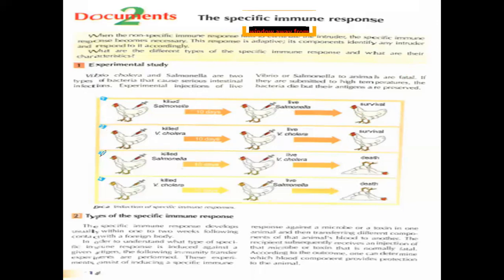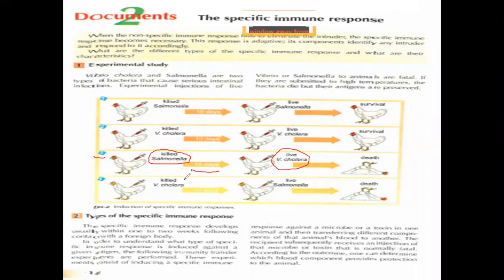Now let's move to experiment 3. I injected killed Salmonella, which protects against live Salmonella. After 10 days I injected live Vibrio cholera, something else. What happened to the animal? It died.